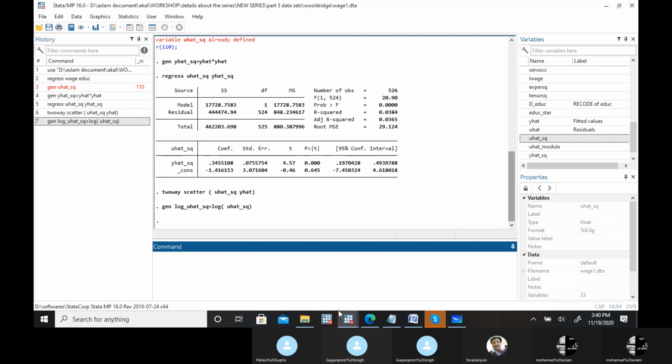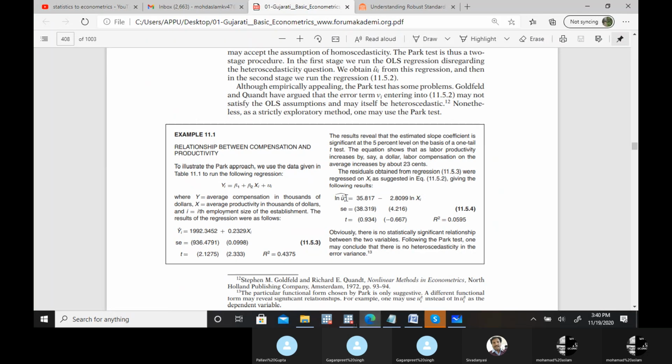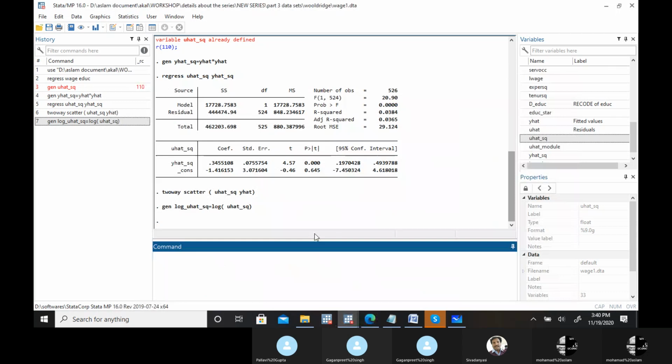So this is our dependent variable now, and the independent variable is the log of the independent variable. That's our education. Just take a log of education. It is equal to log. You can use either log or ln, both will give you log values for education.